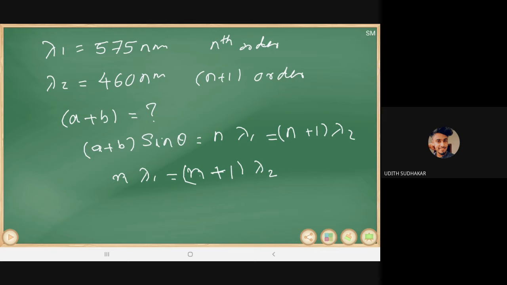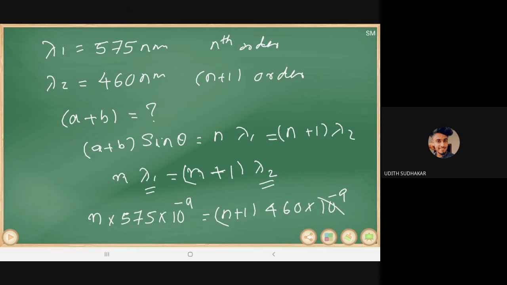What you have to find out is A plus B, isn't it? Okay, you can find n. Substitute for lambda 1 and lambda 2 and find n. So n into 575 into 10 to the power minus 9 is equal to n plus 1 into 460 into 10 to the power minus 9.